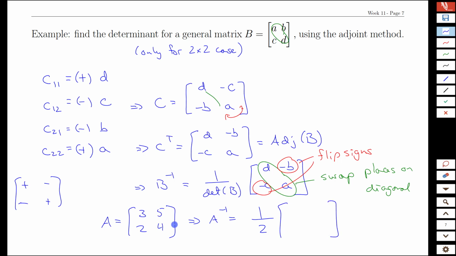We swap the 2 diagonal elements. So we're going to get, I'll do them in the colors that match what we did up there, 4 and 3. So we exchange those. And then we keep these as the negative versions, but in the same place. And we're done. So that's worth having in your toolkit. You'll often see it used as a shortcut for computing inverses in this special case of a small matrix.